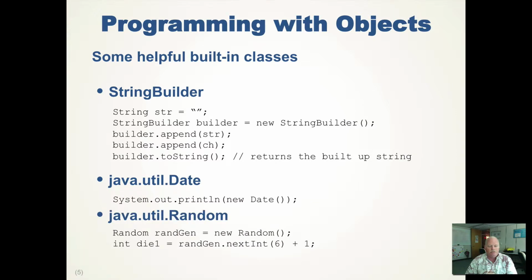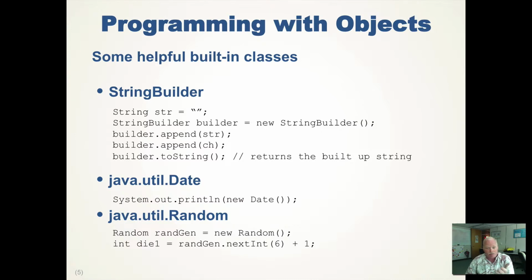Another one is the java.util Random class. Remember how we were creating dice by calling Math.random? Well, there's actually a class called Random that allows you to do the random calls, and it has some nice methods, like in this case nextInt. You supply a parameter for the range of the ints you want, and it will actually return an int, so we don't have to do the cast that we did with Math.random.